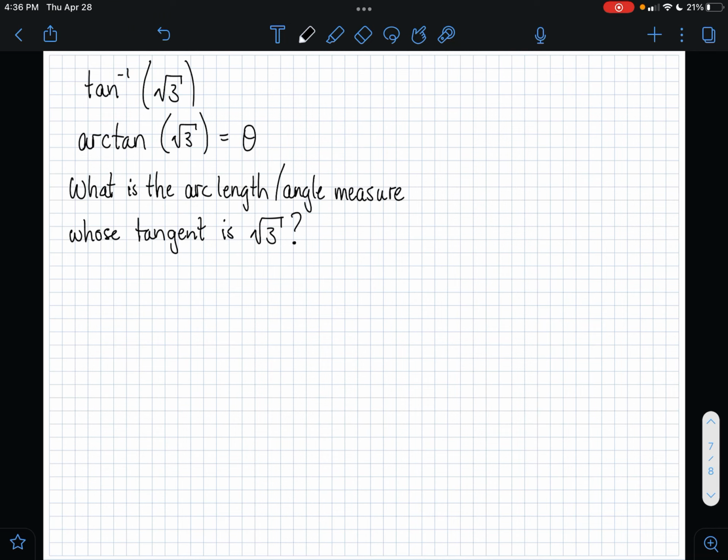And like with the other two inverse functions, it helps to rewrite this into the slightly more familiar form. Tangent of theta equals the square root of 3.